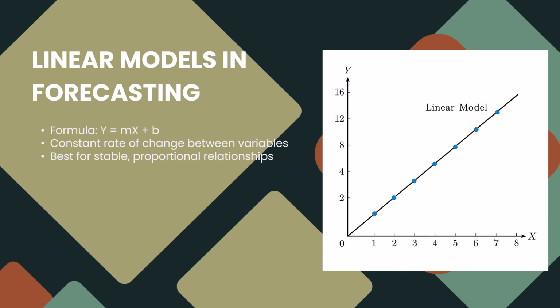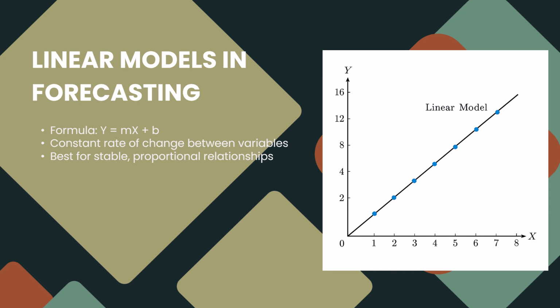Here, y is the predicted value, example sales, and x is the independent variable, example ad spend. M is the slope, which means the change in y for each unit change in x, and b is the y-intercept, where the line crosses the y-axis.